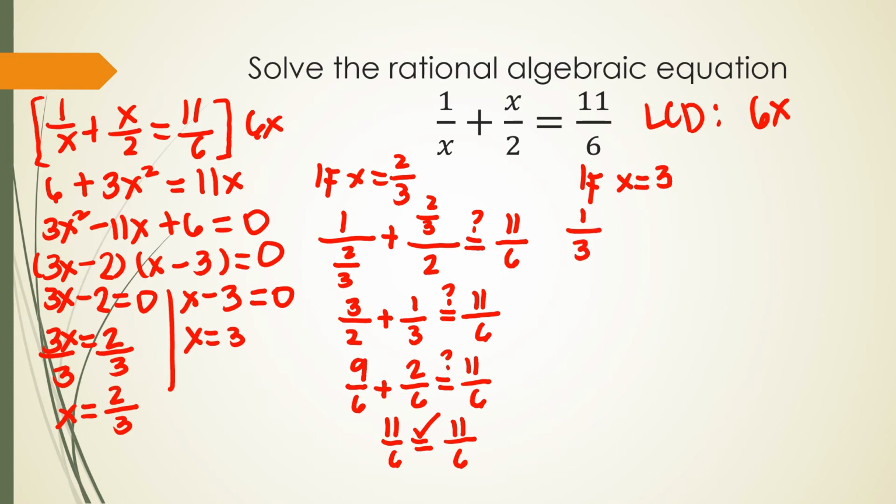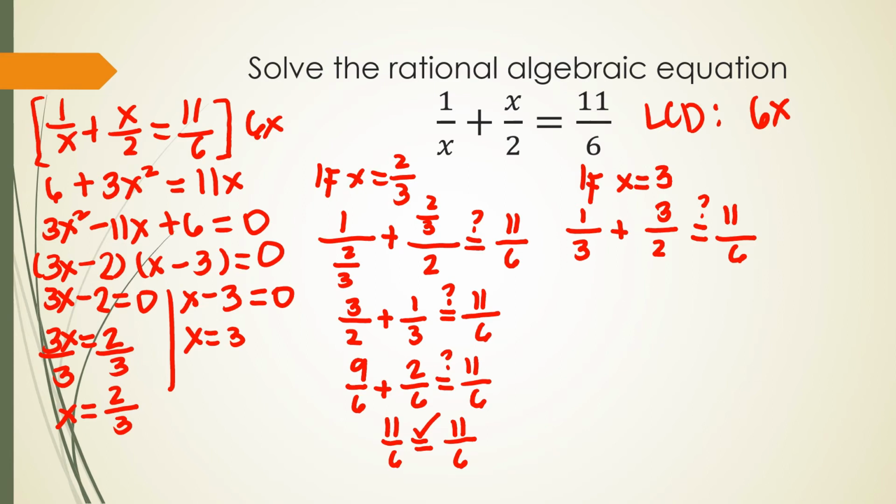1 over 3 or 1/3 plus 3 over 2 or 3/2. Is it equal to 11 over 6? So, as we can see, we got the same given as in our first checking when x is 2/3.